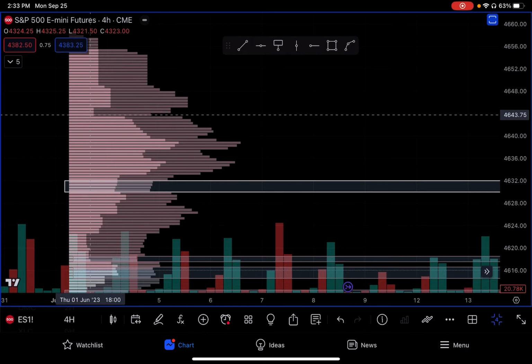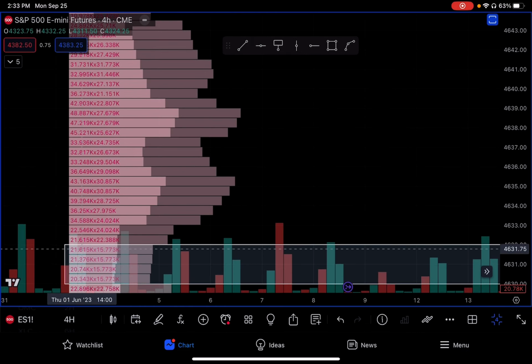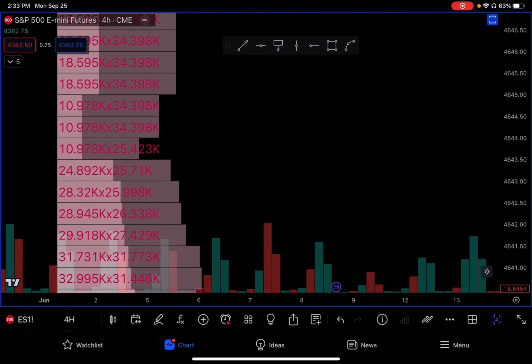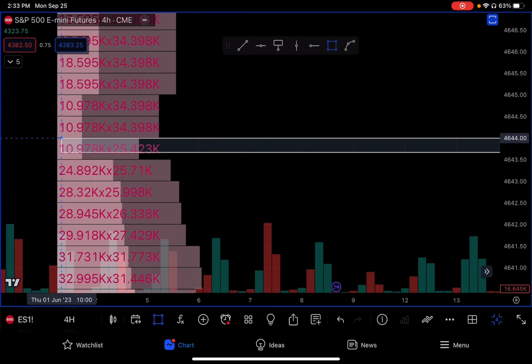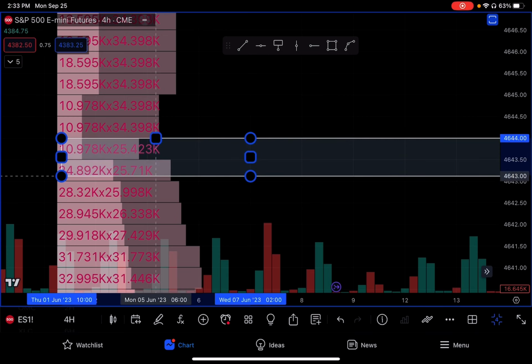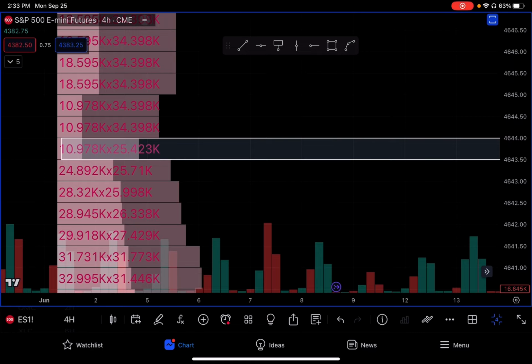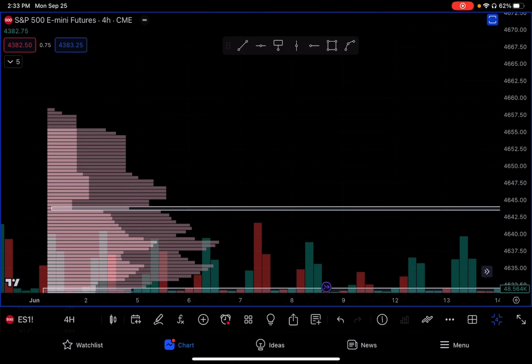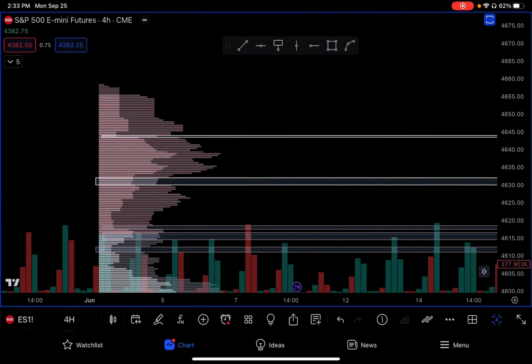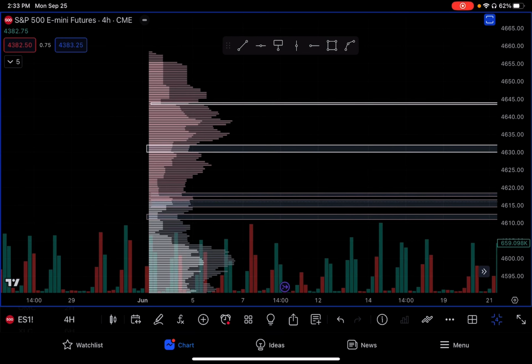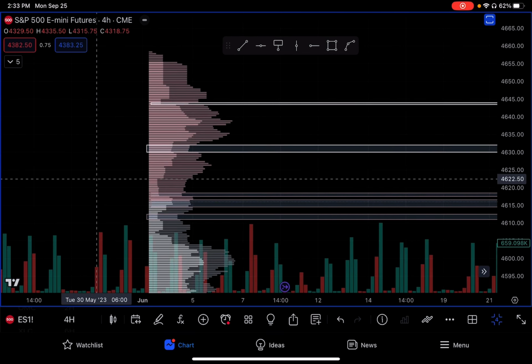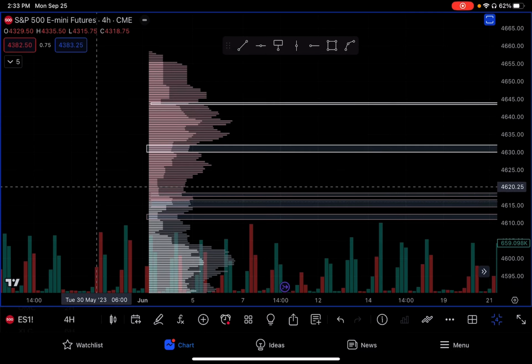And the other one separating that next balance zone is here. So there's our LVN separating balance zones, and we actually kind of have one here. So I'm going to put one, yeah.